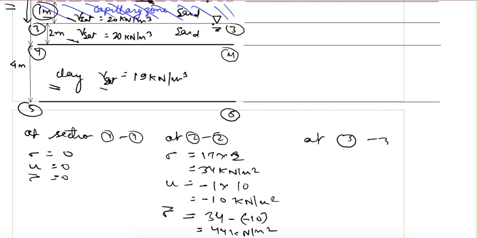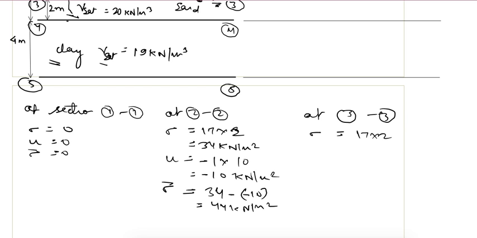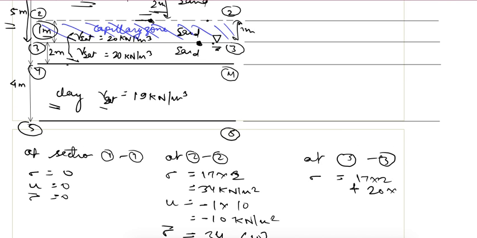Similarly at section 3, total stress is equal to 17 into 2 for this part, and in this zone soil is saturated, so we are trying to find out at this point. The depth of this part is 1 meter, and 2 meter above this. So it is equal to 17 into 2 plus unit weight of saturated sand, 20, into 1.